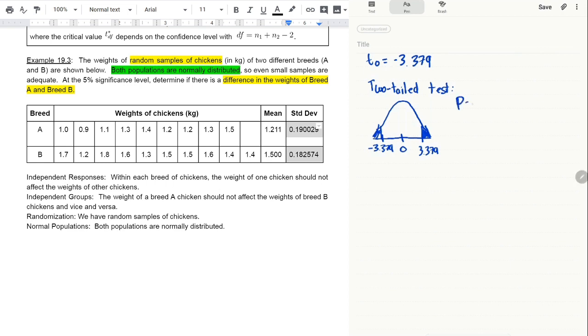Now because we want to use the t-table, we can look at finding the area to the right of 3.379 and then multiplying it by 2. So it will be 2 times the area to the right of 3.379.